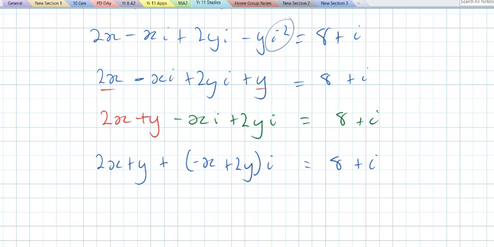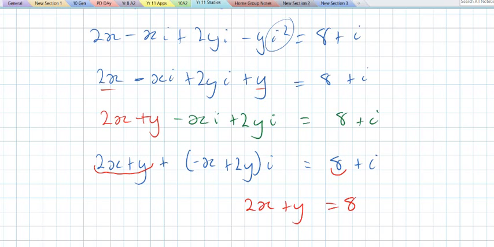Now our real part on the left is that, because it's not associated with the i. And our real part on the right is the 8. So 2x plus y equals 8.